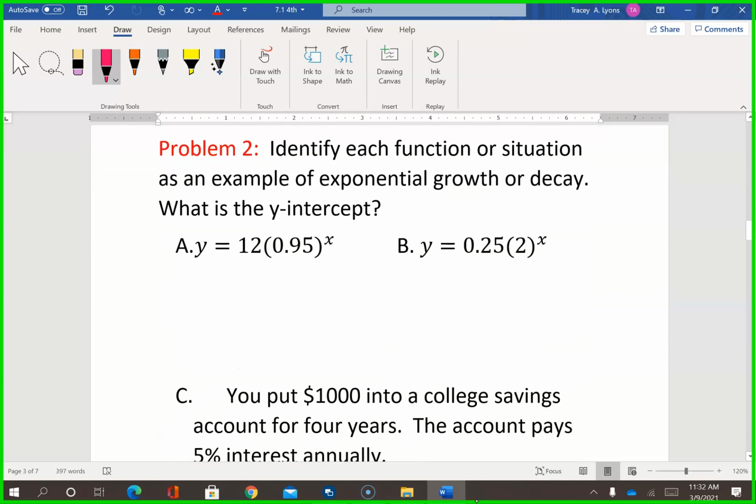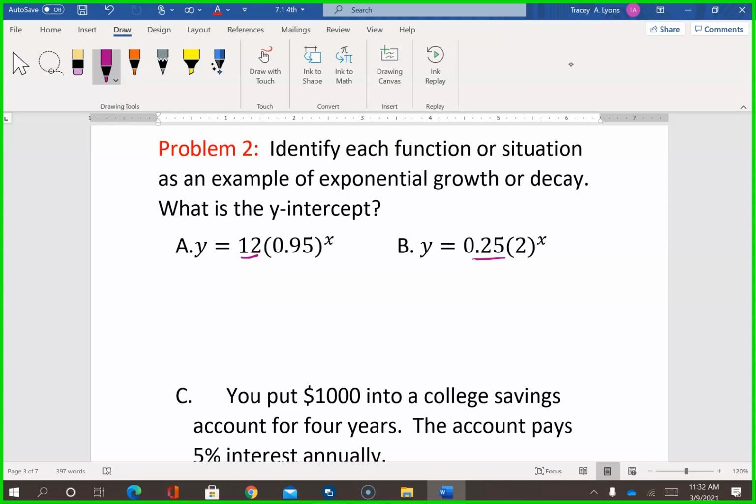Okay, so what do we look at without graphing these things and without having to calculate a whole lot of stuff? We're going to identify them as exponential growth or decay, and then what's the y-intercept. So just two of those pieces that we just talked about. With the first thing, we're going to look at this number right here in both of these.